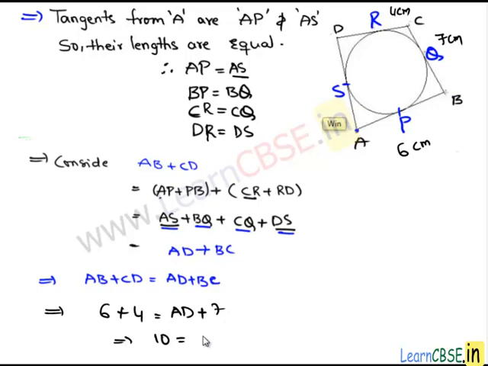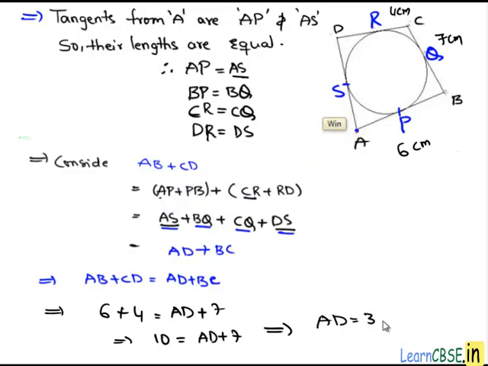So we have 10 is equal to AD plus 7. By subtracting 7 from both sides, we get the value of AD is equal to 3 centimeters. So remember, when a circle touches four sides of a quadrilateral, the sum of opposite sides is equal to the sum of the remaining opposite sides.